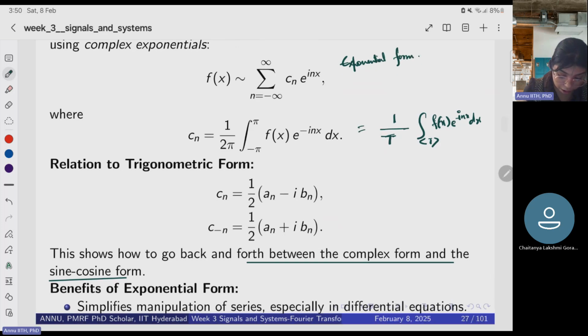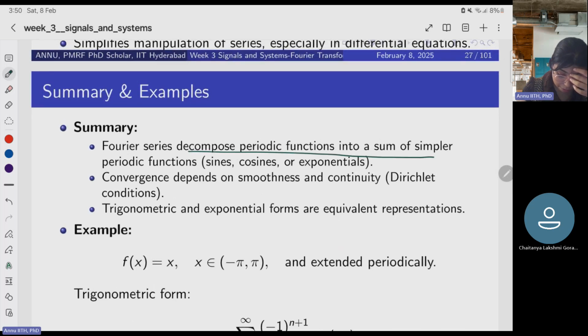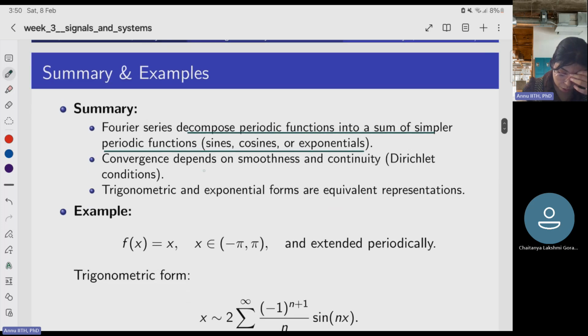So Fourier series decompose a periodic signal into a sum of simpler periodic functions, sines and cosines or exponentials. So it decomposes a complicated function into simpler functions. The convergence depends on the smoothness or the continuity, the Dirichlet conditions.